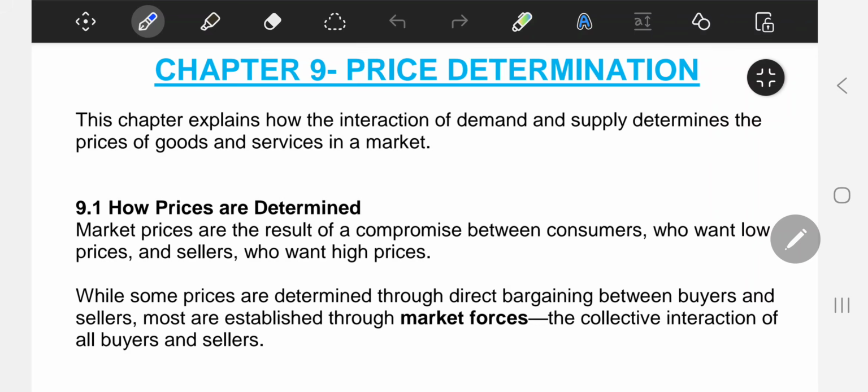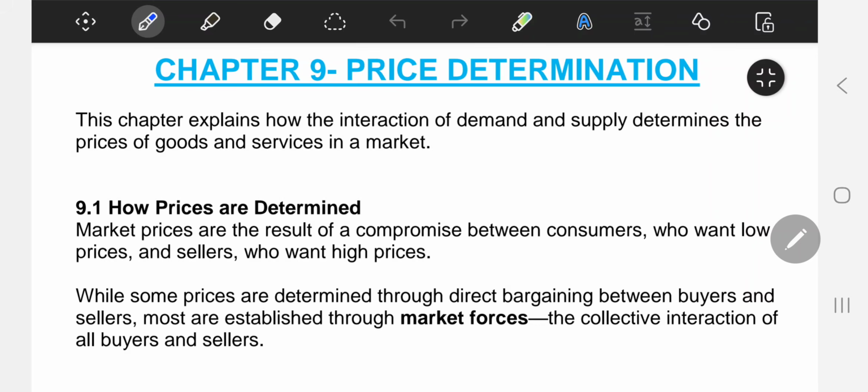So these are two opposing forces. On the one hand, consumers want a low price and suppliers want a higher price. And so it's the interaction between this force of demand and force of supply that is going to determine the price of a good and service in a market.